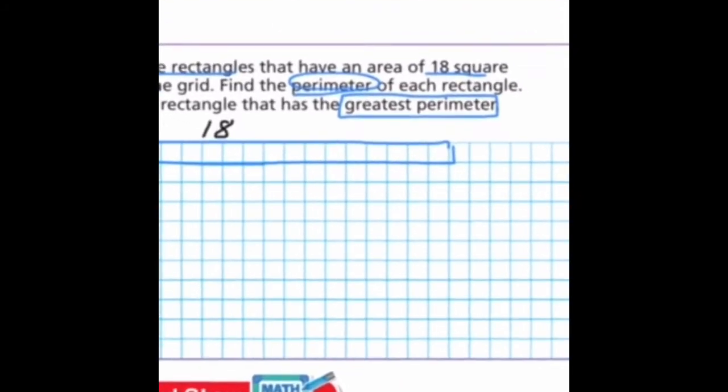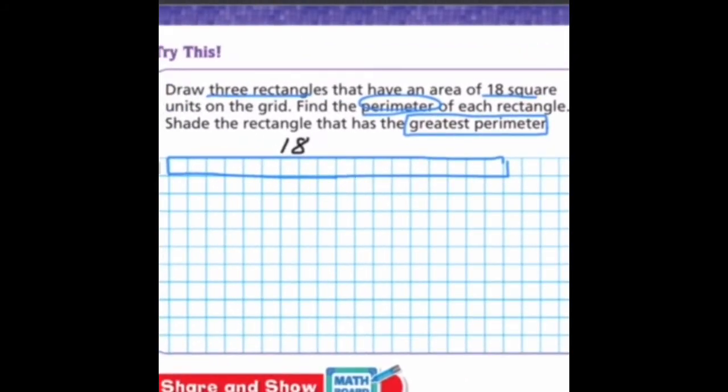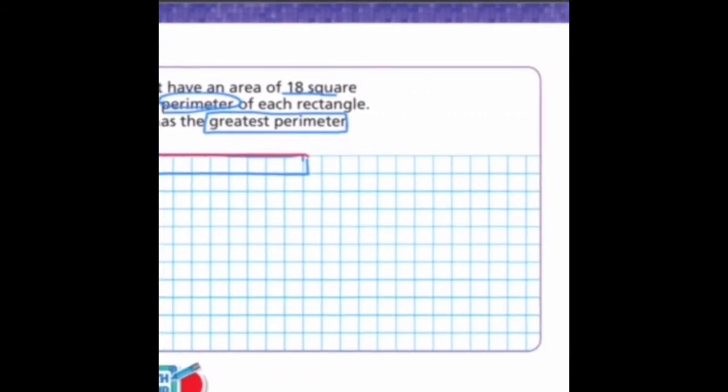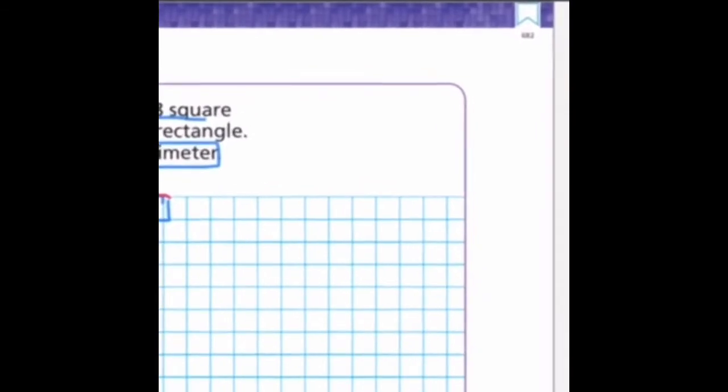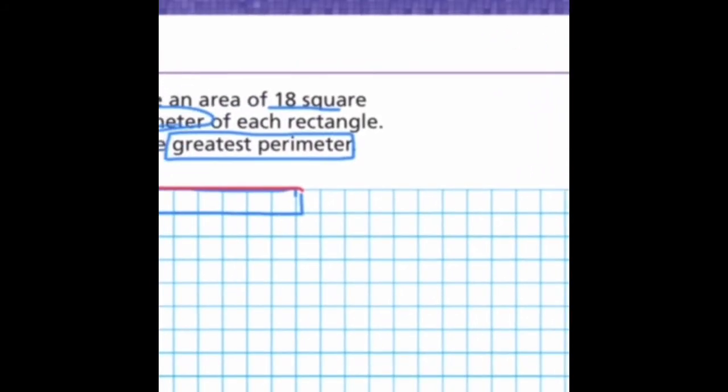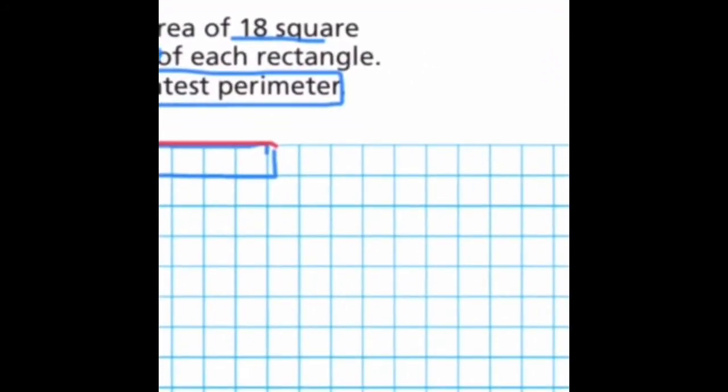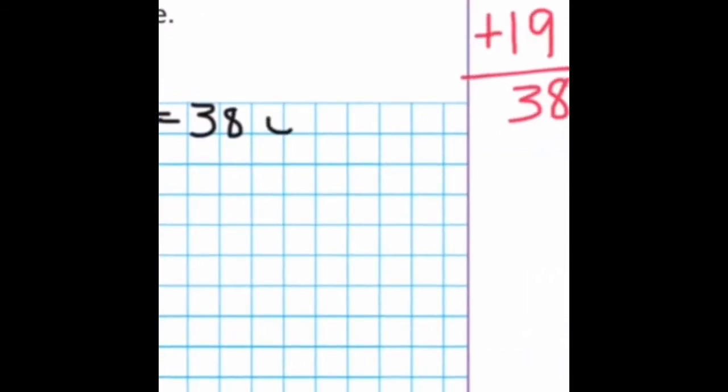My perimeter, that 1 plus 18, so 1 plus 18 is 19, and then that's halfway around, so now I have to go the other half. So 19 plus 19, there we go. 9 plus 9 is 18. Add up my tens column, 38. So on this rectangle, my perimeter equals 38 units.